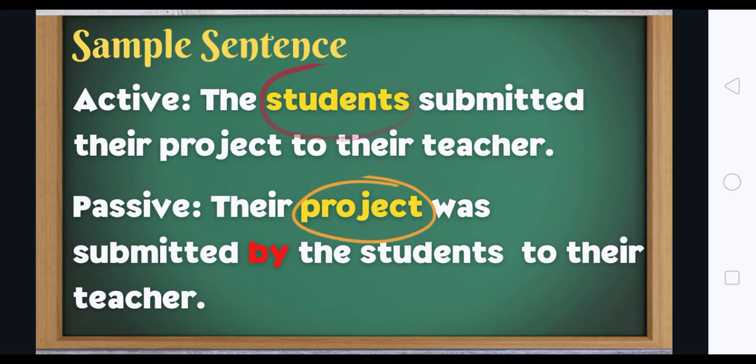As you can notice, we have the students as the doer of the action. While the second one, passive: their project was submitted by the students to their teacher. As you can notice, project became the subject, became the receiver of the action. We also add the word by in passive voice of the verb.